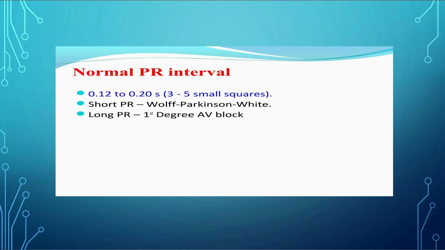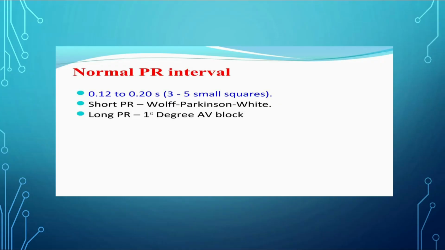So in this syndrome there is an extra electrical pathway in the heart which causes a rapid heartbeat. And this extra electrical pathway appears between the heart's upper and lower chambers, and it is present at birth. So, extra electrical pathway, remember this.